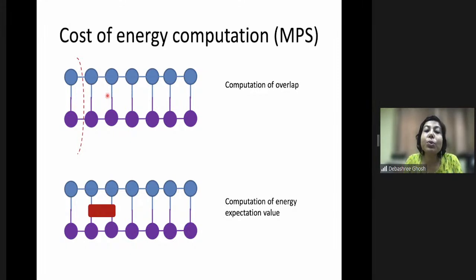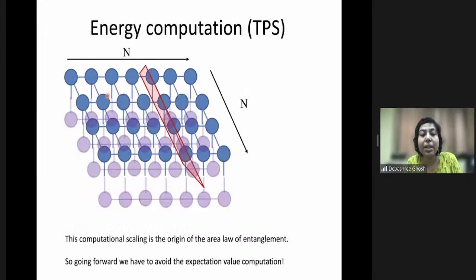Now let's go to 2 dimensions, and let's say instead of a 1-dimensional MPS, I had a 2-dimensional tensor network state, what that would look like. This already looks horribly complicated. So these blue things over here, this is the tensor product state. Because it is 2-dimensional, I have bonds in all directions.